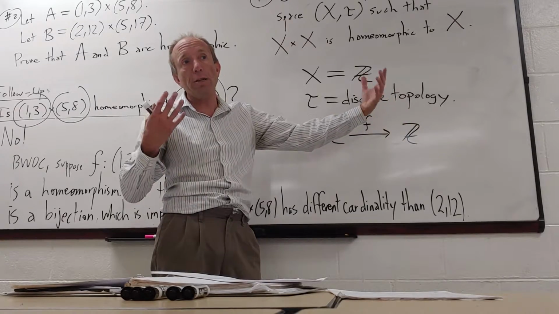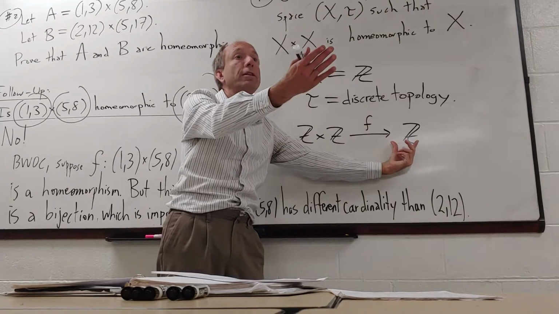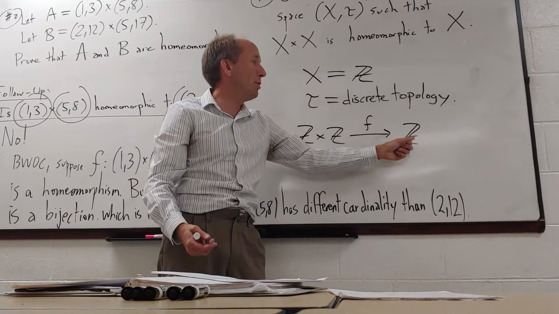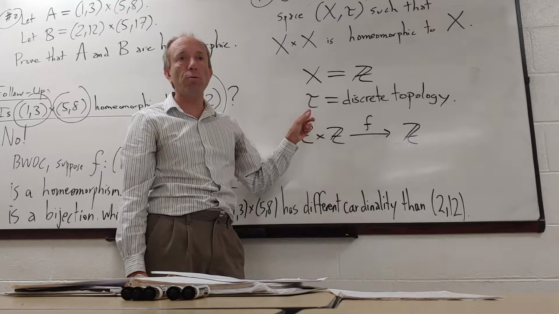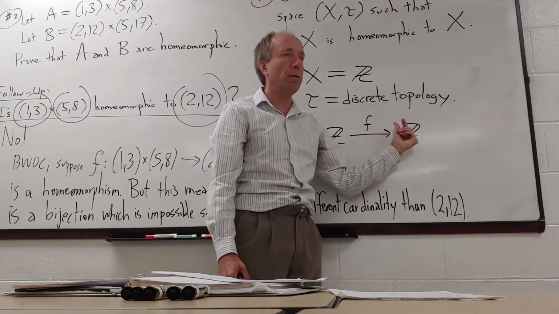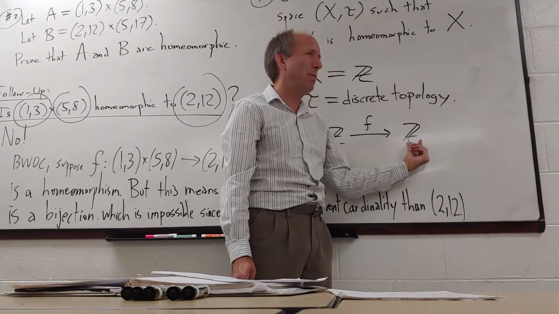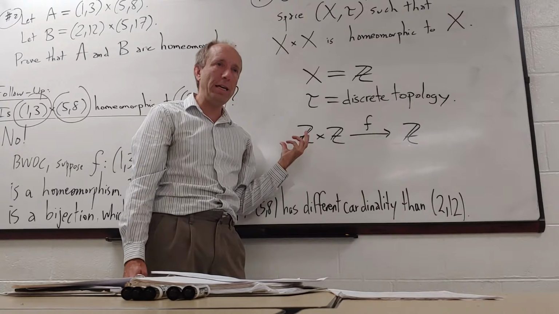Now, does it preserve open sets? If I take an open set here, and you want everything to be open, the pre-image of it over here, well, if I don't know the formula for f, then I don't really know what its pre-image would be for an element.